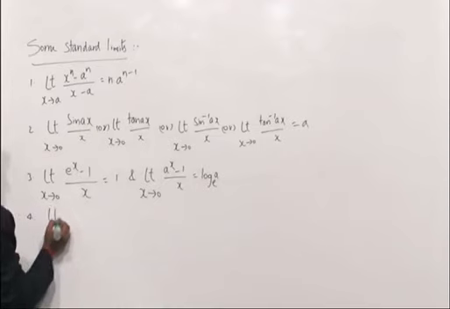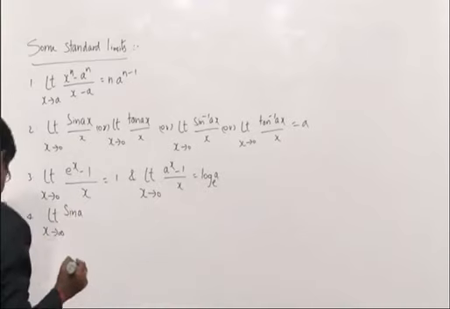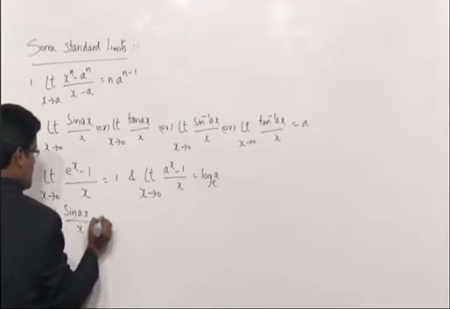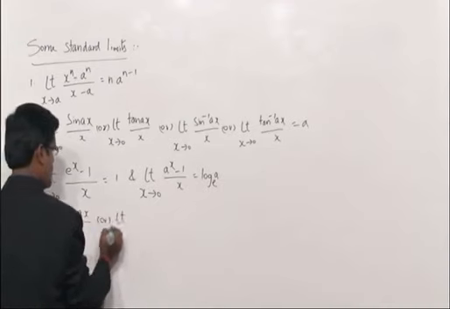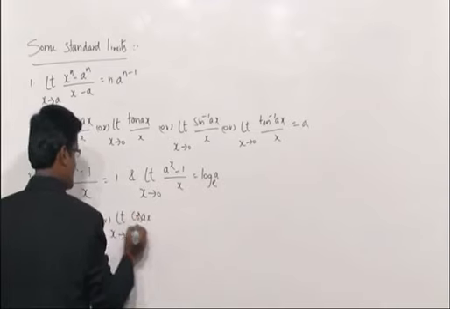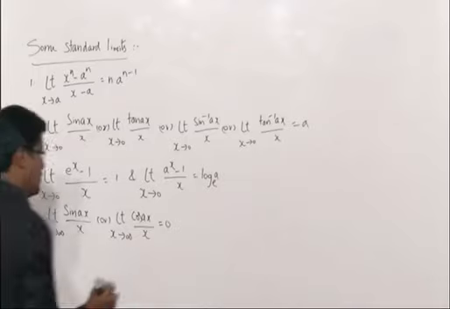Number 4. Limit x tends to infinity of sin ax by x, or limit x tends to infinity of cos ax by x, where a is any number, is equal to 0. The fifth one.